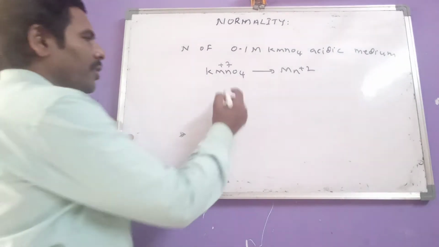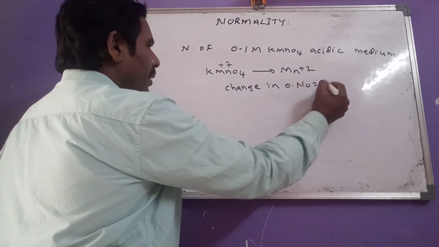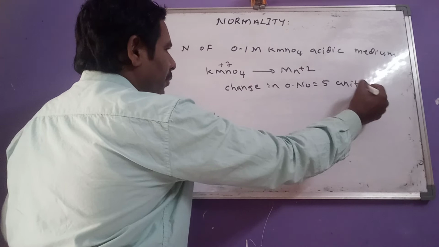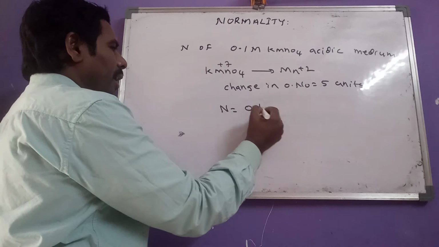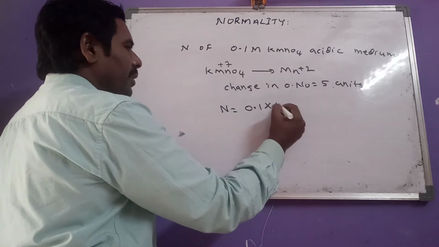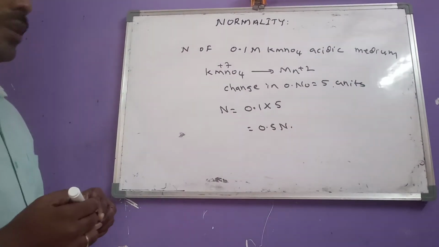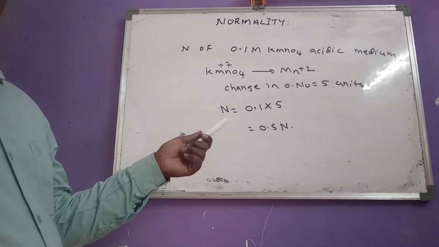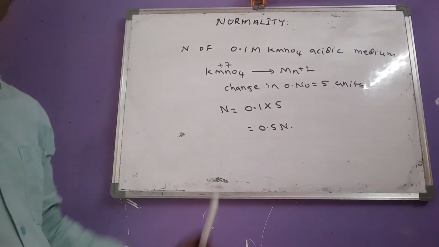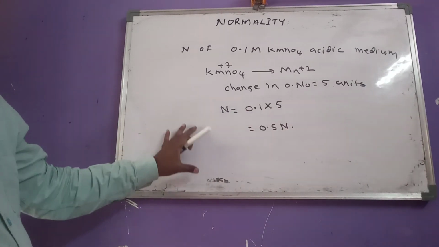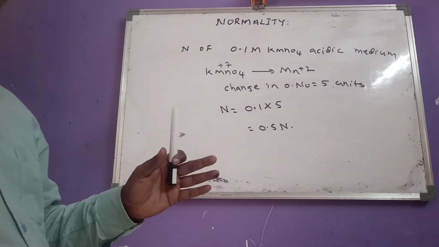Plus 7. So now the change in oxidation number is how many units? 5 units. So normality equals molarity into change in oxidation number, which means we get 0.5 N. So for KMnO4 in acidic medium, we have to take the change in oxidation number as 5 units. So this is the calculation method for normality using molarity.